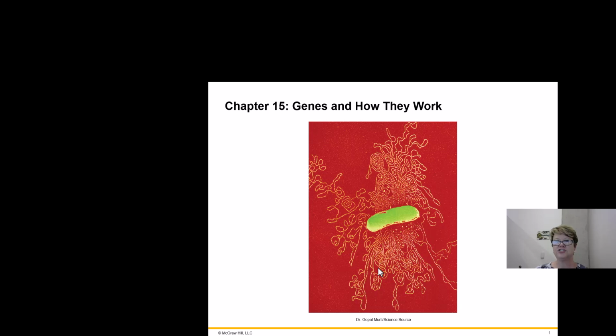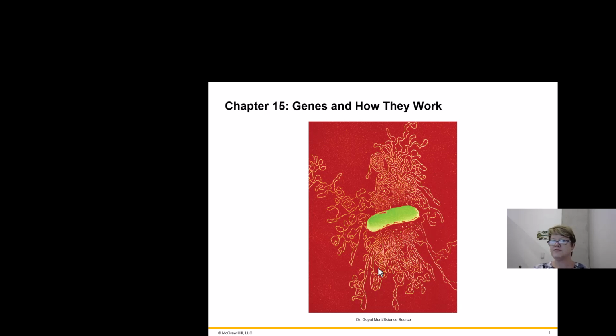So if you think of genes as instructions for making something, like a cookbook, you might have a cookbook that can tell you how to make every part of a meal, but that doesn't mean you necessarily make every recipe in that cookbook. So each cell in the human body contains the same 46 chromosomes that every other cell contains.